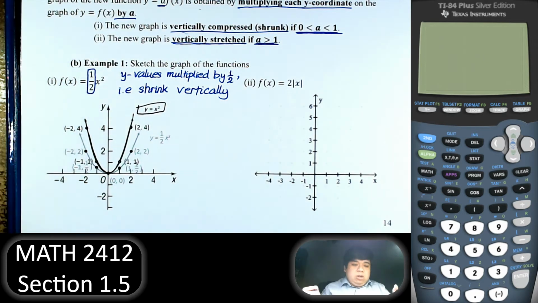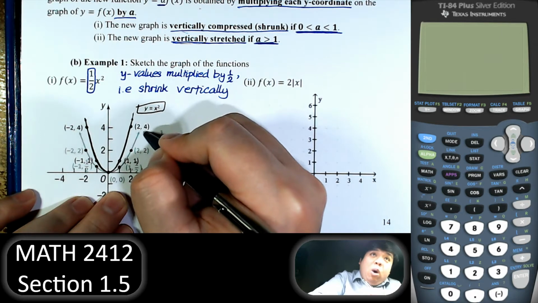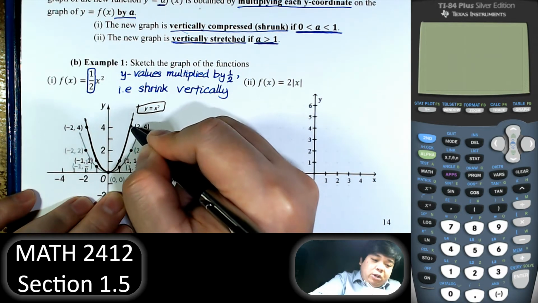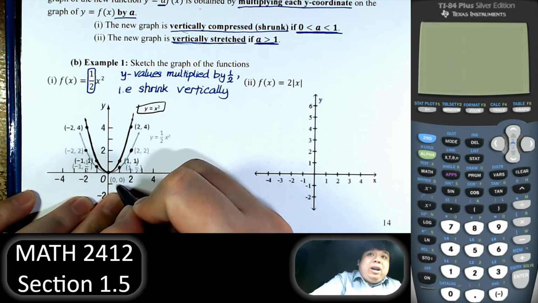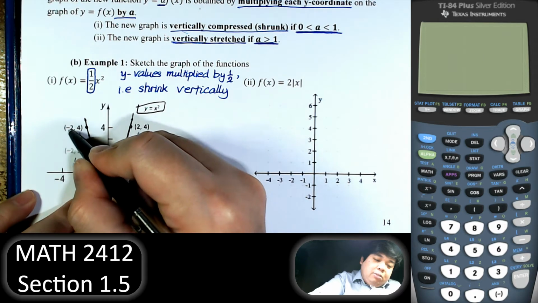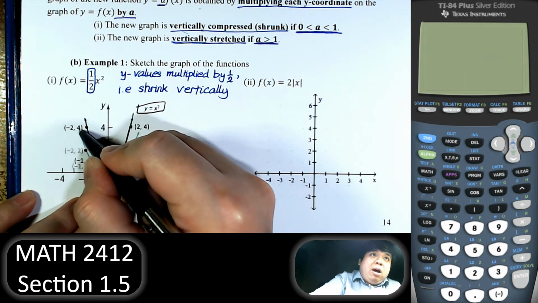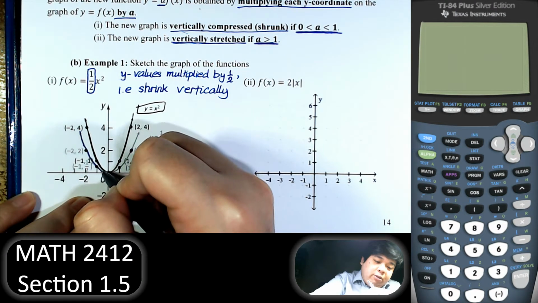Right. So think about this. If we have the point (2, 4), the y value multiplies by 1/2, so this point will go down to (2, 2). And (0, 0) times 1/2 is still (0, 0). So for (-2, 4), the y value multiplies by 1/2. That gives us (-2, 2). And therefore we have the graph.